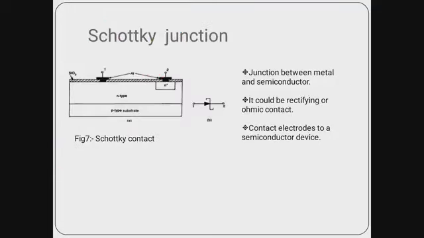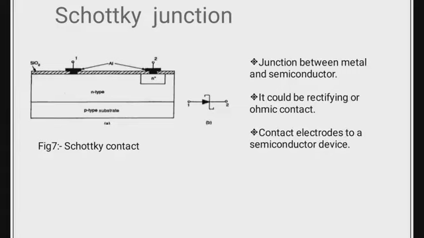Now next is Schottky junction. Schottky junction is a special kind of junction which is made in between metal and semiconductor. Suppose this is the substrate I have chosen over here, a p-type substrate, and the semiconductor bead is n-type, and the channel is made by highly doped n-type material.